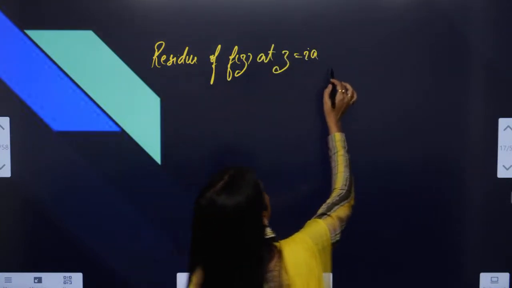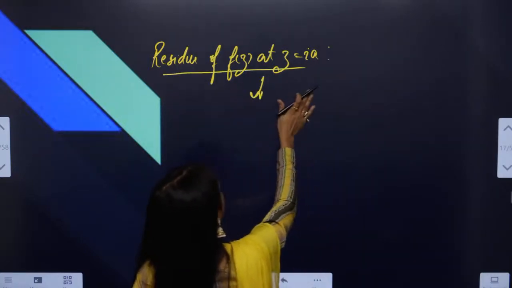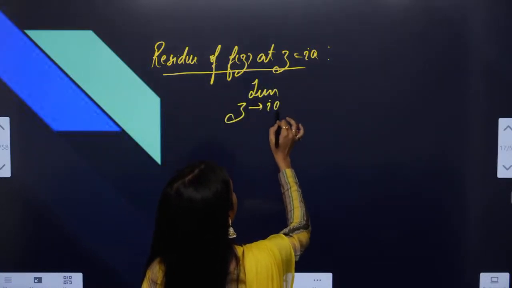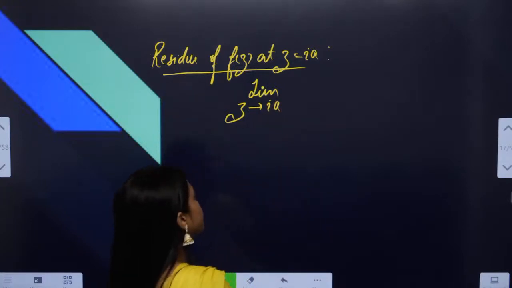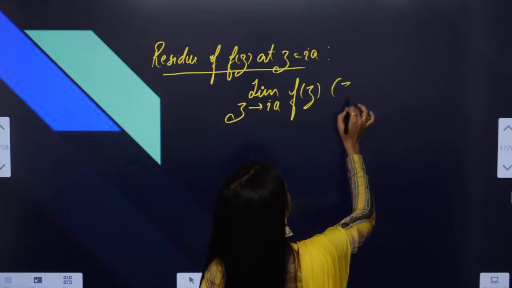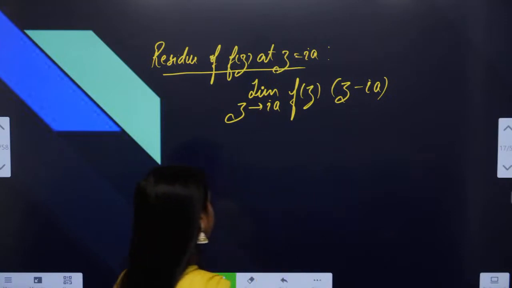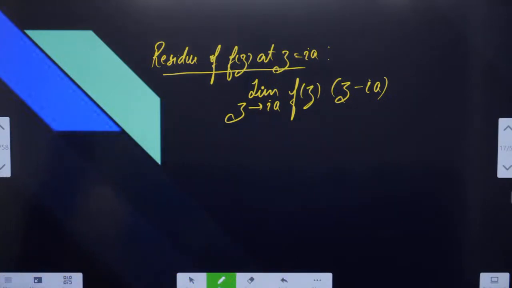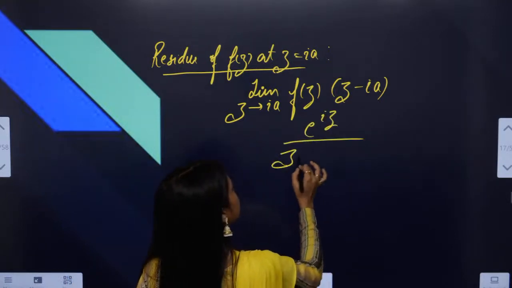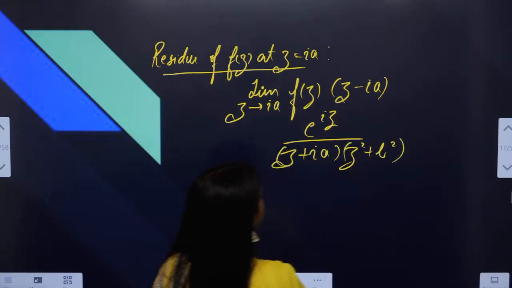The residue of f(z) at z equals iota a will be nothing but the limit as z tends to iota a of f(z) multiplied by (z minus iota a). So you will get e raised to the power iota times iota a, that is iota z, upon (z plus iota a) and (z square plus b square).